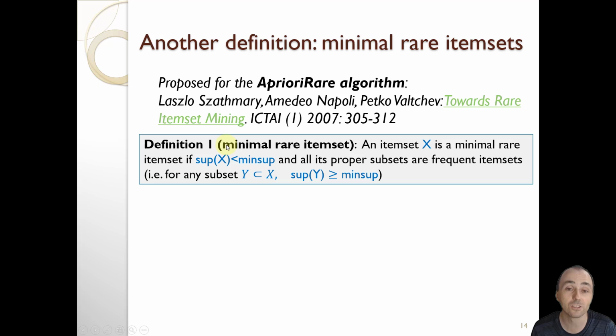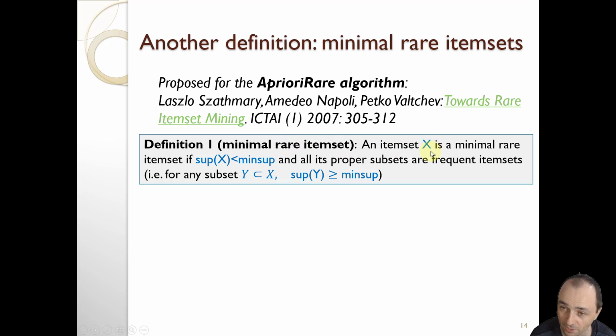Let's look at some other definition. Another definition is used in an algorithm called AprioriRare. It was proposed in 2007, but it's still very interesting. Here, they want to find the minimal rare item sets.